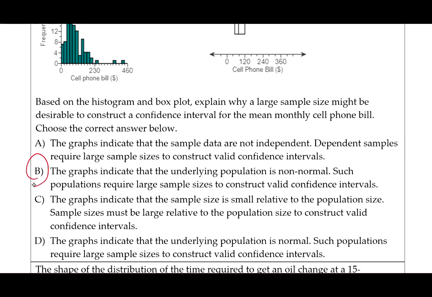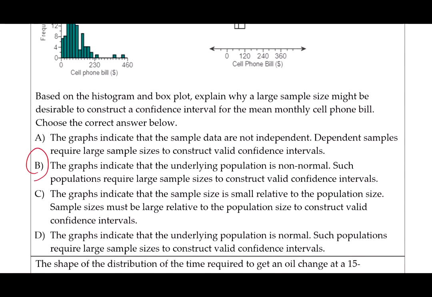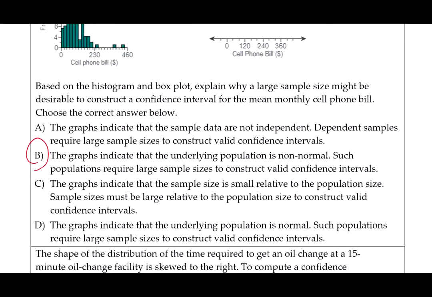C says the graphs indicate that the sample size is small relative to the population size. Sample sizes must be large relative to the population size to construct valid confidence intervals. Actually, we want the sample size to be small relative to the population size. That's the independence condition. But that's not what the graphs show. So there's a couple things wrong with that answer C. And D, the graphs indicate that the underlying population is normal.